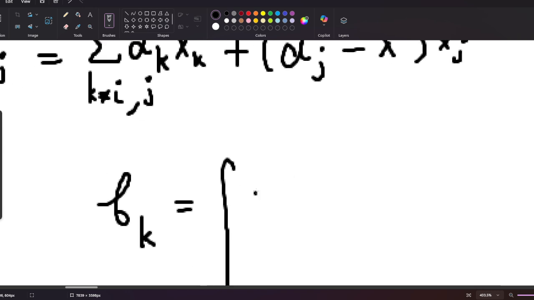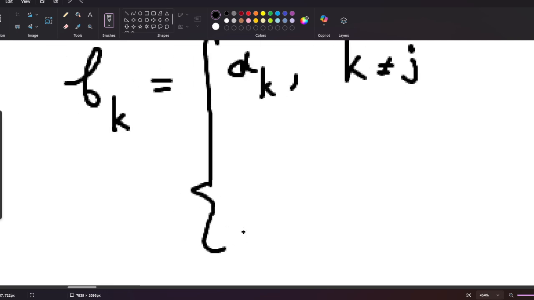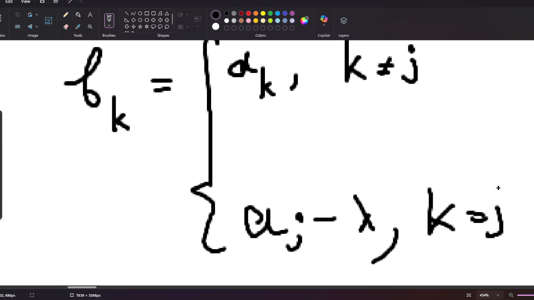Let's say that it's going to be equal to ak for every k that's not equal to j. Let's say that it's going to be equal to this part over here, aj minus lambda, for k equals j.